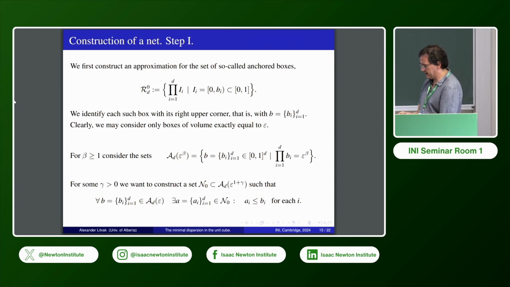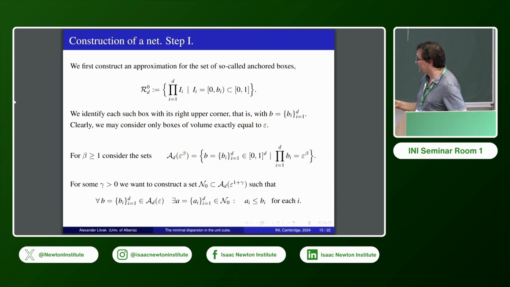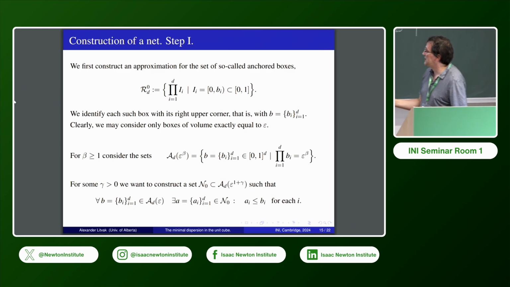So geometrically, it is here. For every box from A_D of epsilon, with volume epsilon, I can find one from N_0 with volume epsilon to 1 plus gamma, such that all coordinates are smaller than the corresponding coordinates. And the condition on the coordinates here is that the product is fixed.